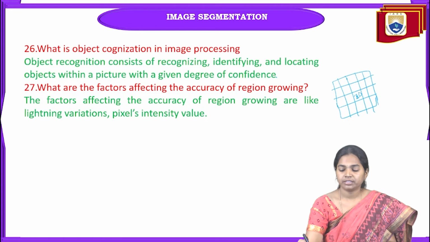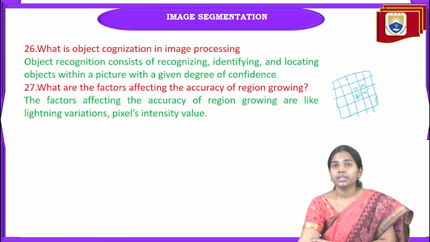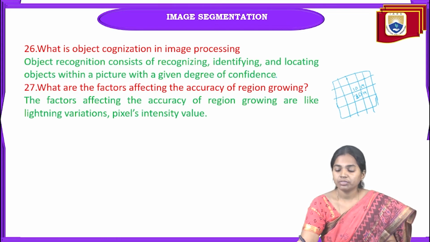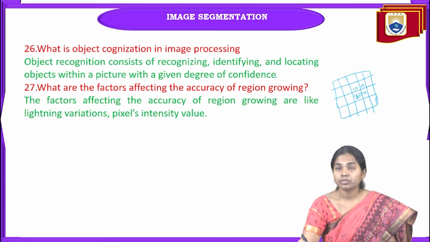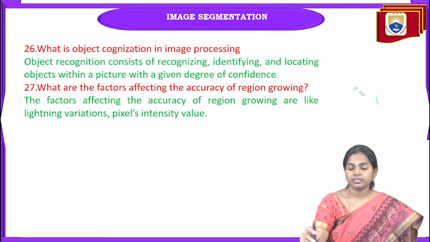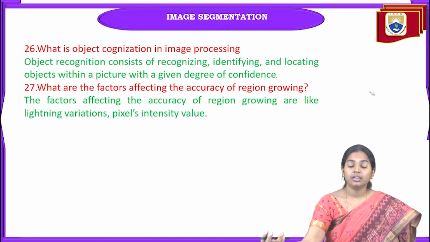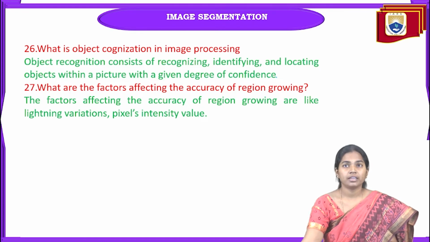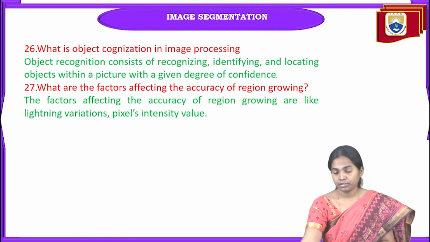For example, 20, here 19, here 19. In the region growing technique, the variation from this pixel to this pixel is only a small variation. Based on lighting variation or pixel intensity values, sometimes we are unable to grow the region. So these are the factors affecting our region growing. The first one is lighting variation and the second one is pixel intensity value.